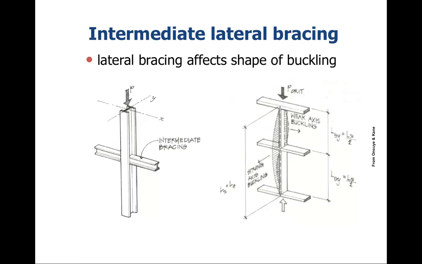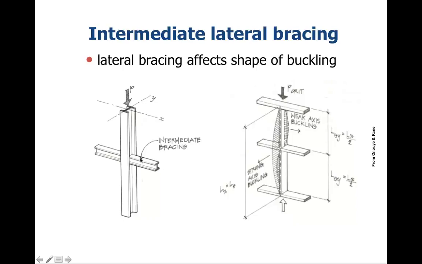Now that we have some idea of the concepts of how we look at buckling, what sorts of things can we do about it? Primarily what can be done is lateral bracing, which limits the effective length. So you have lateral bracing along here. We know that this is liable to buckle out like so.